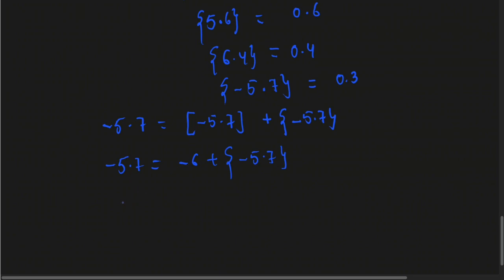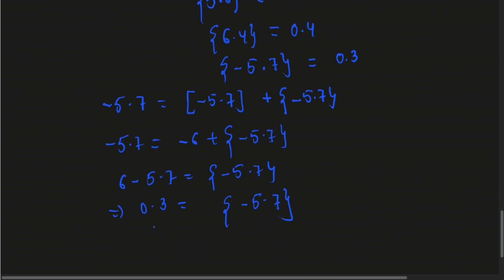This gives us minus 5.7 plus 6, which is the fractional part of negative 5.7, and this comes out to be 0.3. This is how we got the fractional part of negative 5.7.